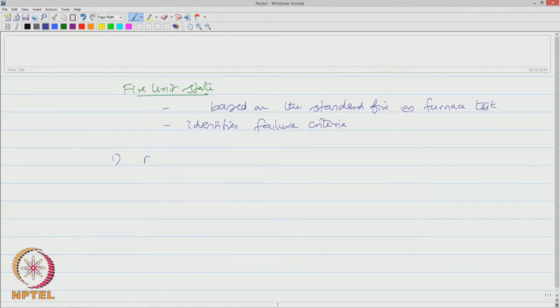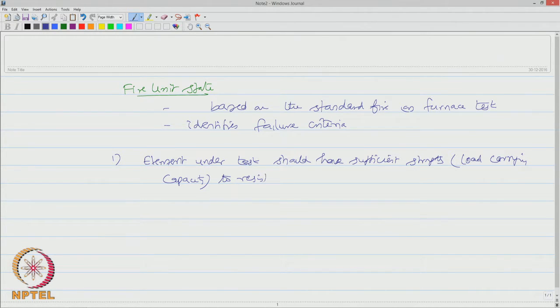First, the element under test should have sufficient strength, or what we call load carrying capacity, to resist the applied load over the test duration.